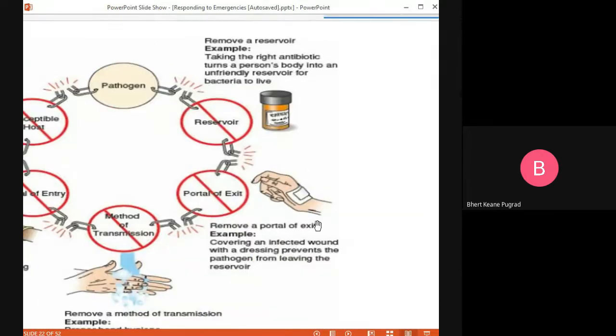Now, paano naman natin maalis yung pagiging reservoir? Okay, this can be done through taking the right antibiotic, and avoiding unnecessary taking of drugs na hindi naman naresetahan ng mga doktor natin. Okay?